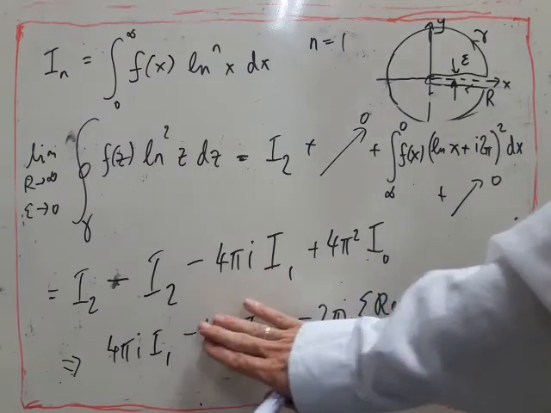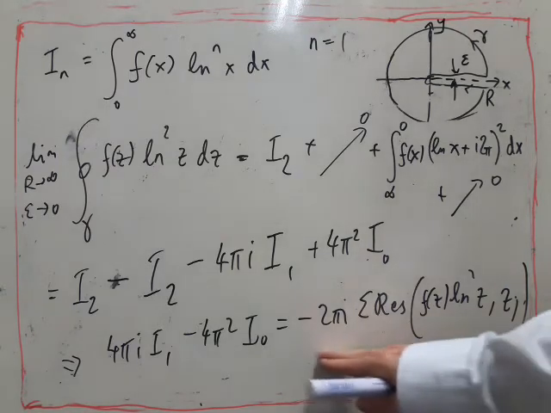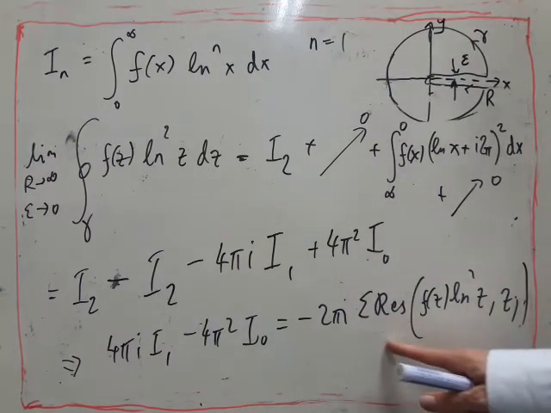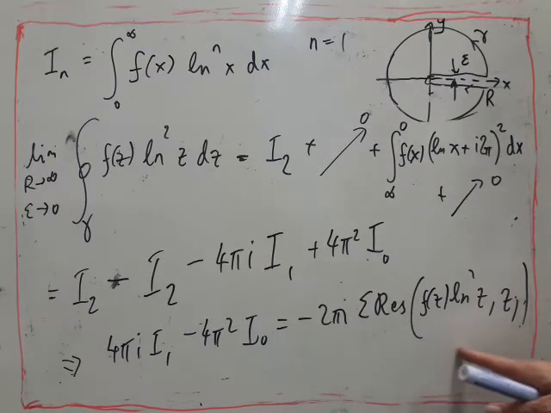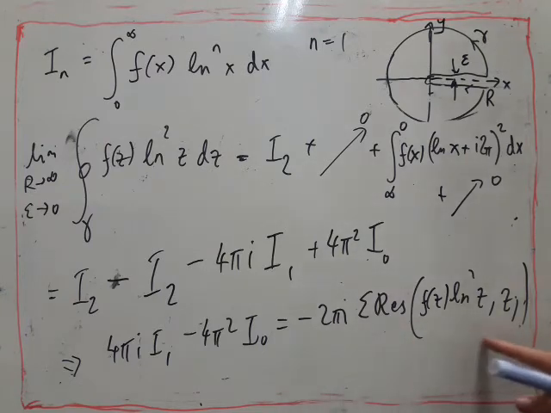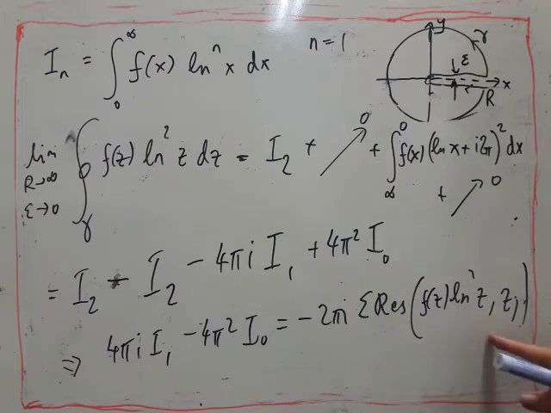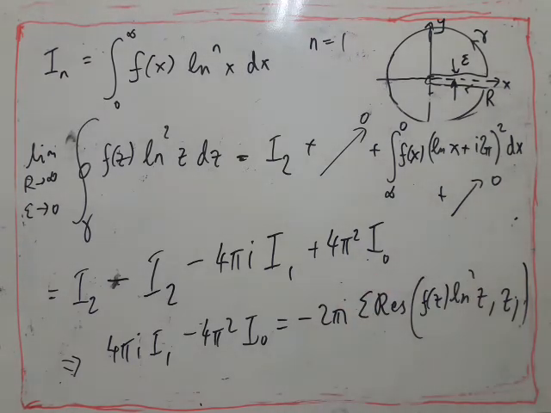Then this disappears, and we just want the imaginary part of this expression here. Now, because the residue is composed of a real part plus an imaginary part, if we want the imaginary part of this, it's simply going to be the real part of the residue multiplied by minus 2 pi.